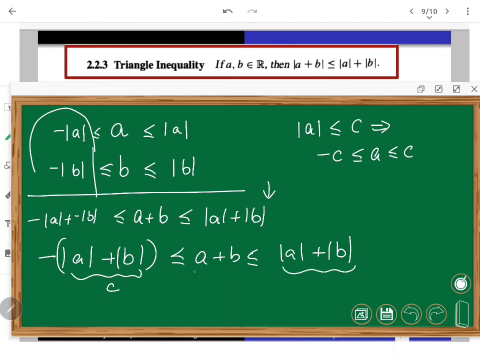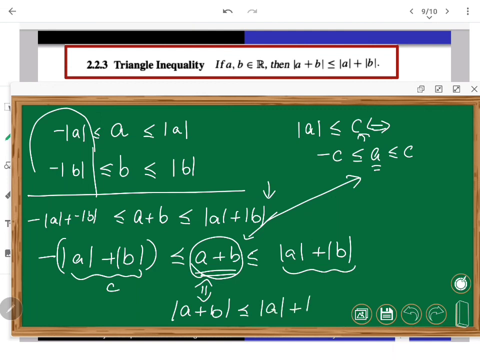I have some real number here, and that real number lies in between minus C and plus C. So take C as mod A plus mod B. Going from this side to this, it says that the modulus of the middle part is less than or equal to this C, where C is mod A plus mod B. So I will get the fundamental triangle inequality: the modulus of the sum is less than or equal to the sum of their moduli.